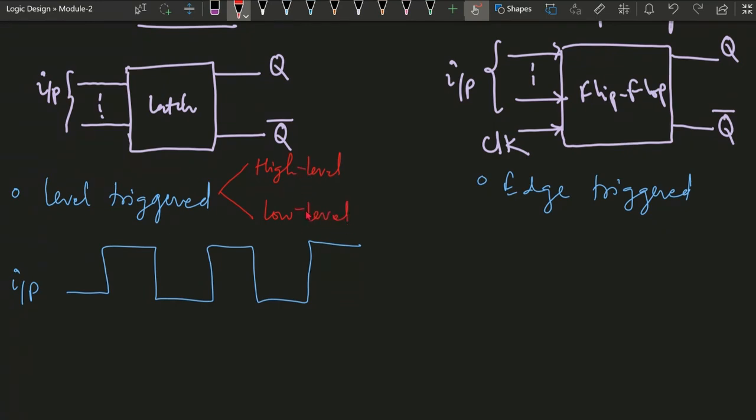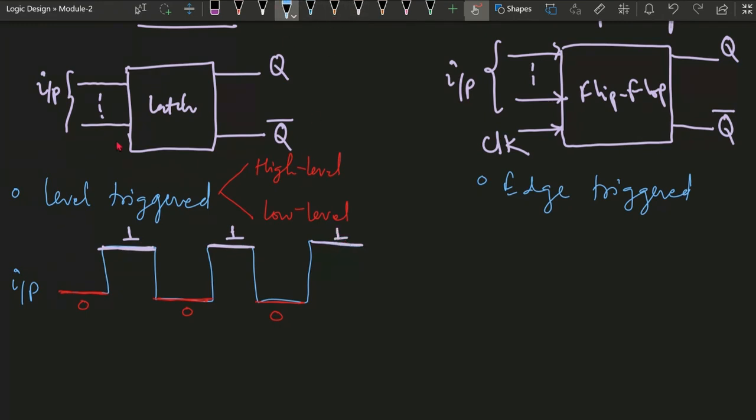What is the level here? This is a low level, represented by 0. Similarly, this is the high level, represented by 1.